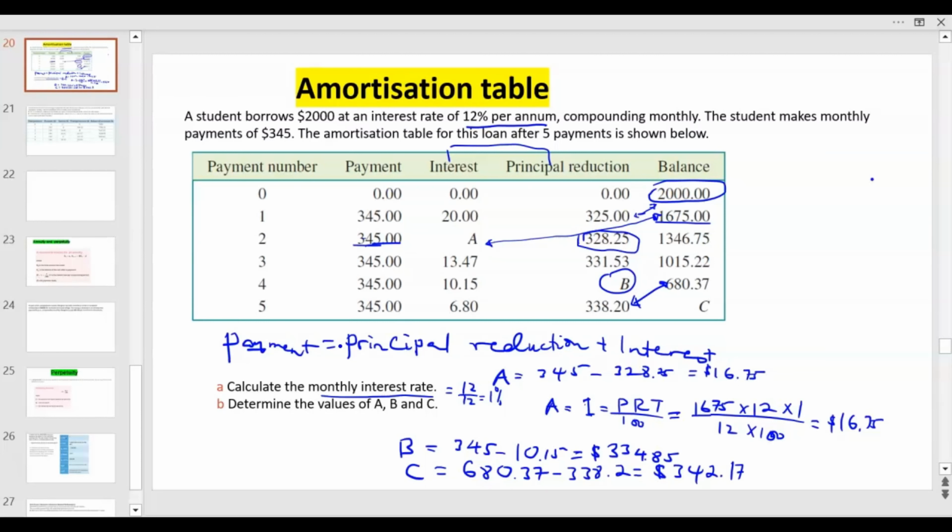And always leave your answer to 2 decimal places unless the question says otherwise, like nearest dollar, which means it has to be a whole number.